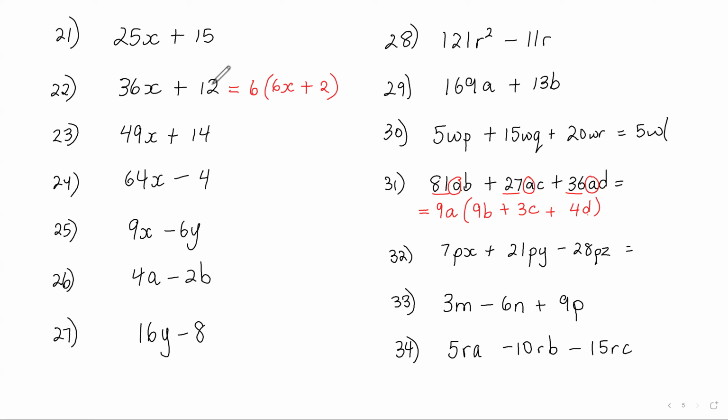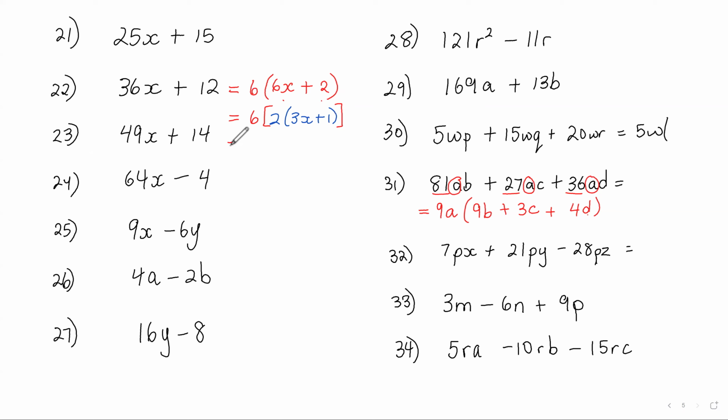But as you can see, 6x and 2 have a common factor again. So I would have to factorize within those brackets again. I'll keep 6 on the outside, and factorize the 6x plus 2. The common factor between 6x and 2 is 2. So 2 could go into 6x 3x times, and 2 could go into 2 once, right? And all of that is within these big brackets.